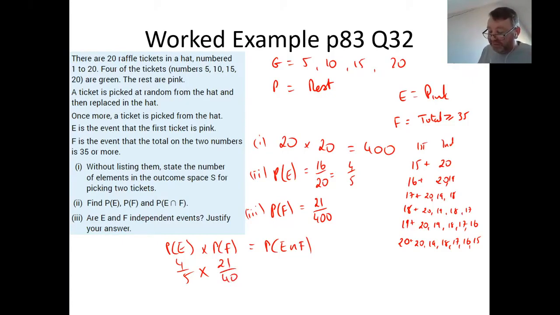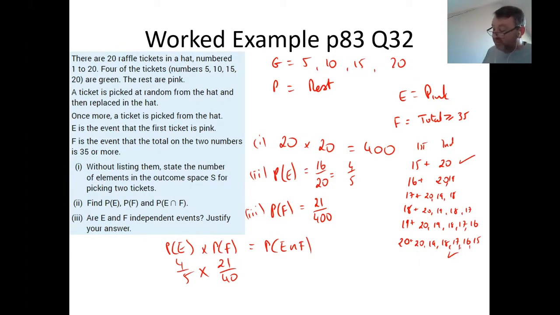So, pink tickets, are there any pink tickets that can give me a total of 35 or more with the green ones? Or, sorry, any green tickets that can give me 35 or more with the pink ones? Well, 20 and 15, that one there can. And then the 15, where are we? 20, this one here. So we have 1, 2, 3, 4, 5, 6.